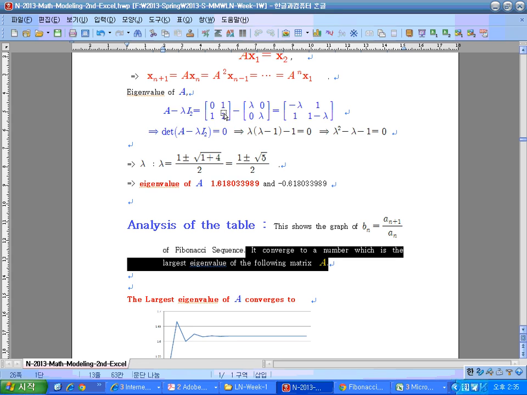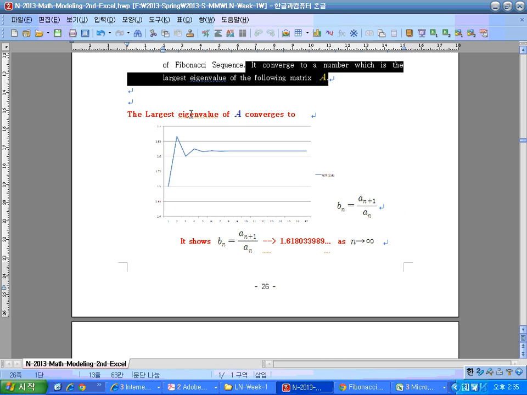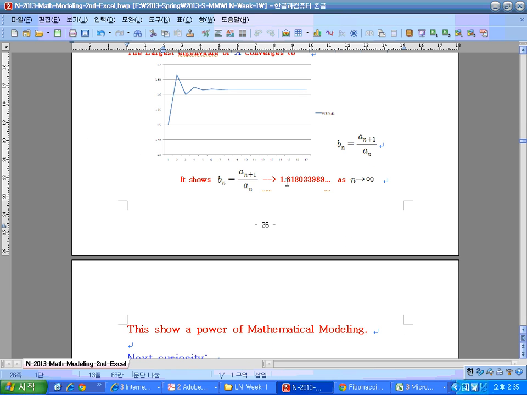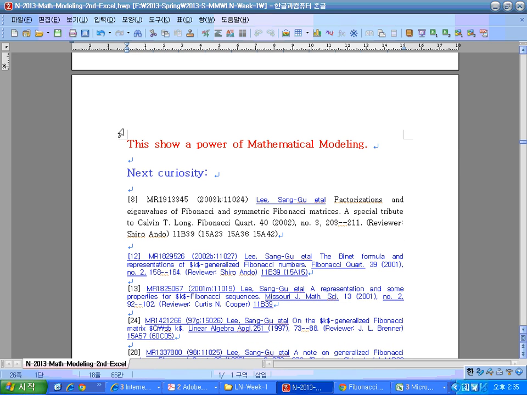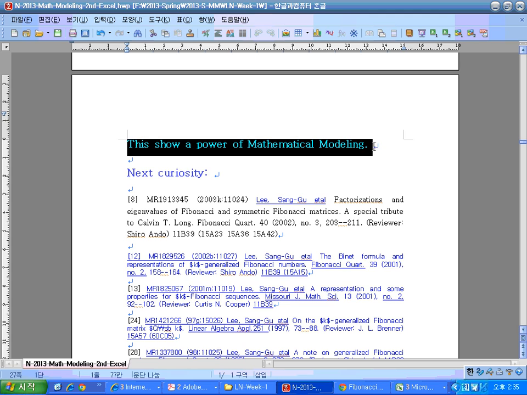This is a special case of the companion matrix that you will see. The ratio converges to this number as n goes to infinity. Okay, this example shows the power of mathematical modeling.